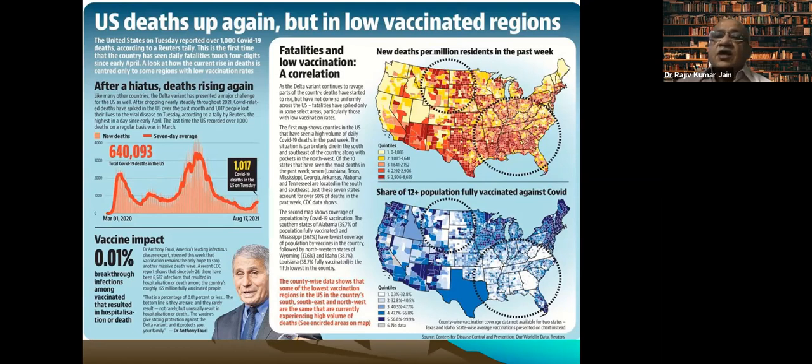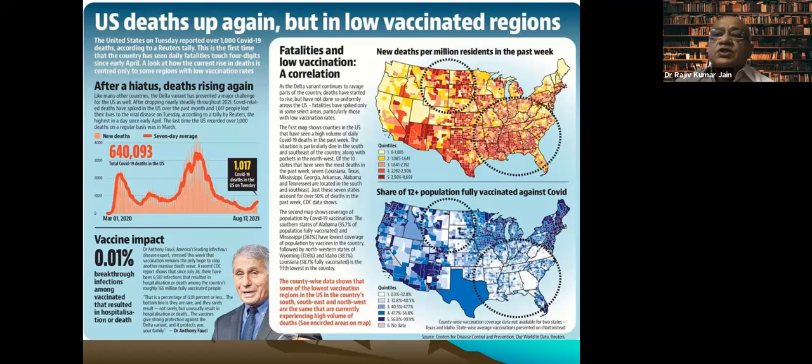After a hiatus, deaths are rising again. Like many other countries, the Delta variant has presented a major challenge for the United States as well. After dropping nearly steadily throughout 2021, COVID-related deaths have spiked in the US over the past month, and 1,017 people lost their lives to the viral disease on Tuesday, according to a tally by Reuters, the highest in a day since early April.